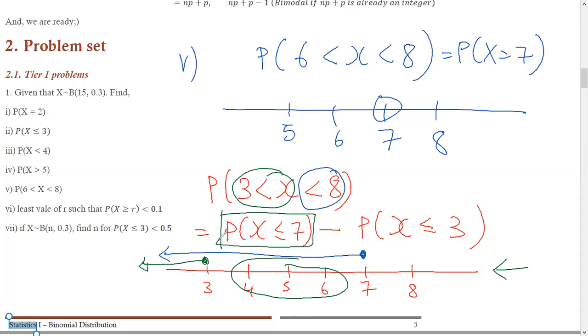The first one is quite clear cut because X < 8 means X cannot be 8, so I must start with X ≤ 7. Minus away, the back part is because I cannot include 3, so the subtraction must start from 3 itself. If I do this subtraction, I will get 4, 5, 6. So this is the second scenario, where we need to know how to press the calculator.